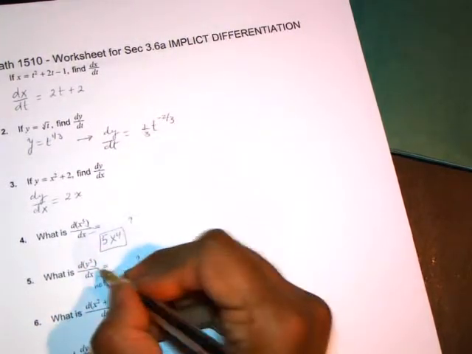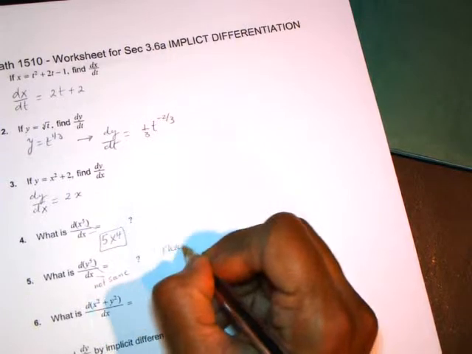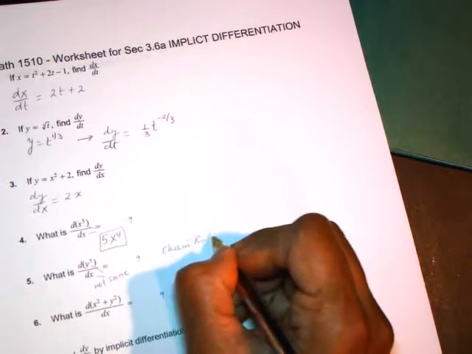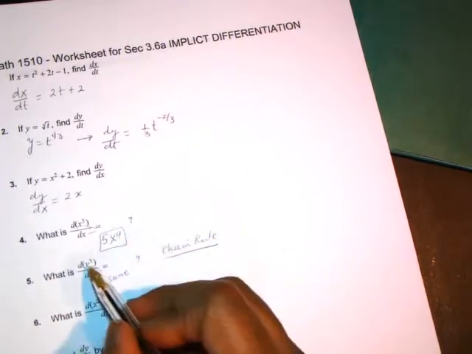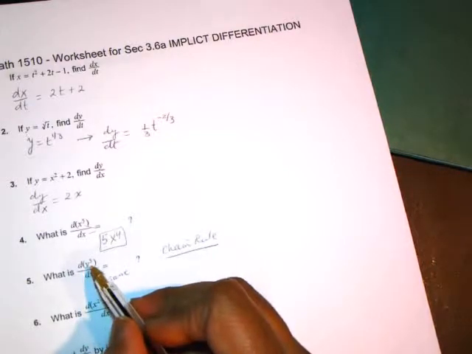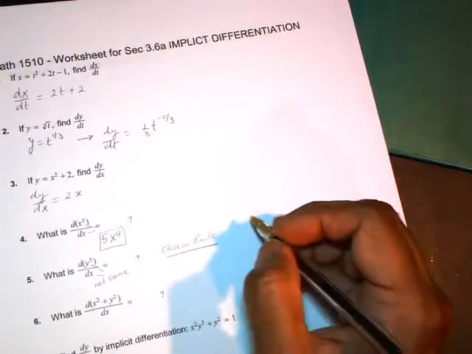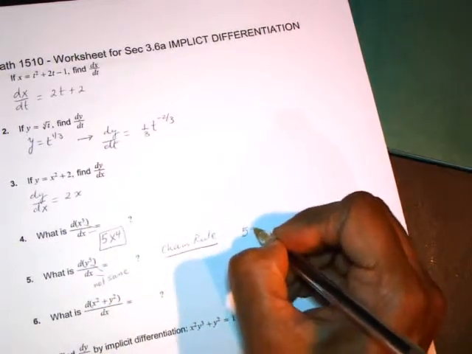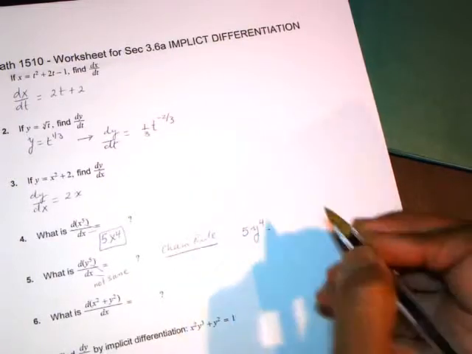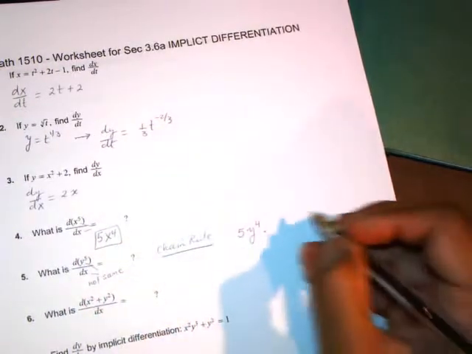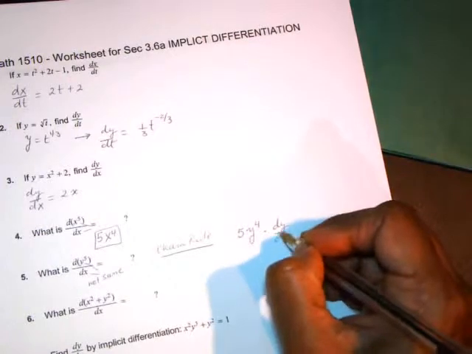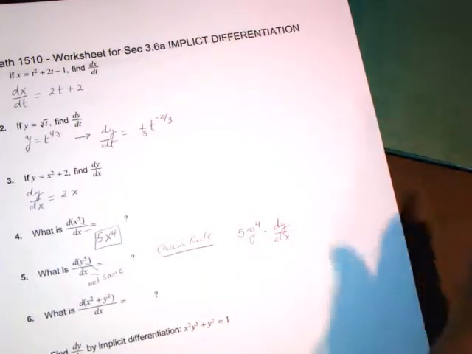So when you take the derivative of this, you're going to use the chain rule, because what is implied here is that y is a function of x. Okay, y is x cubed plus whatever maybe, the whole thing raised to 5. So when you take the derivative, it's 5y to the 4th times, then you go inside and do the chain rule, and you get the derivative of y with respect to x.